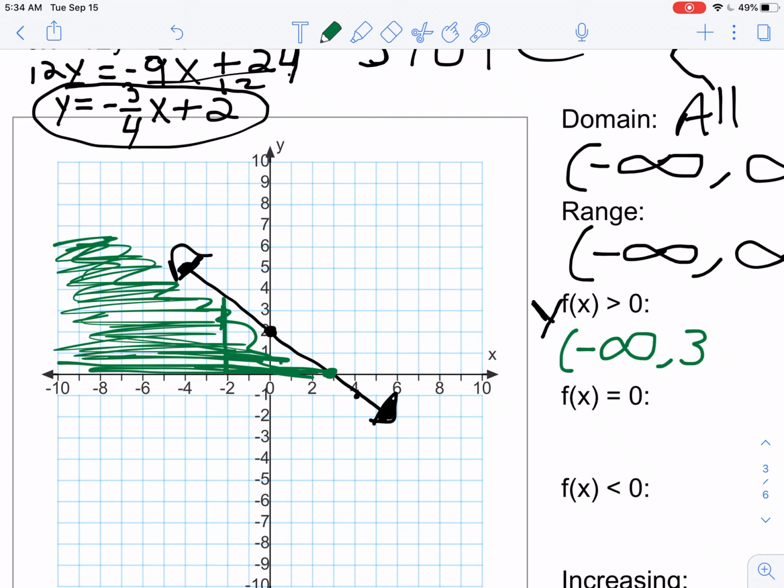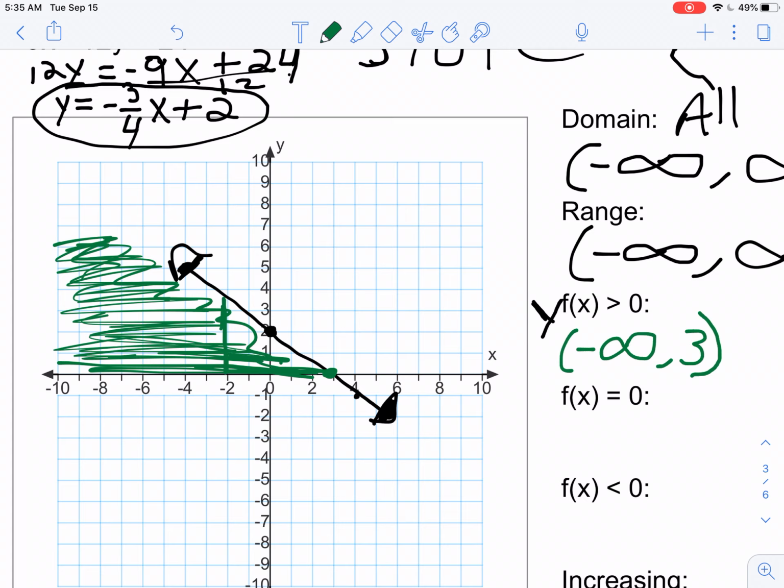So at the point 3, which is right here, is our y greater than 0? I'll give you a second to think about that. Well, the answer is no, it's not greater than 0. Our y at the point 3 is 0. So because it is 0 and not greater than 0, we're going to use a parenthesis, because the 3 is not included in this notation.